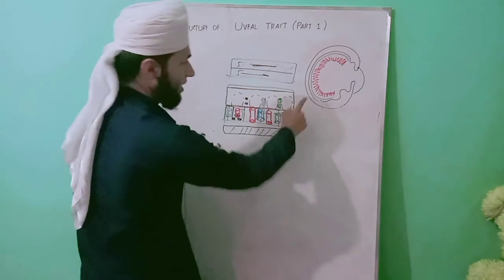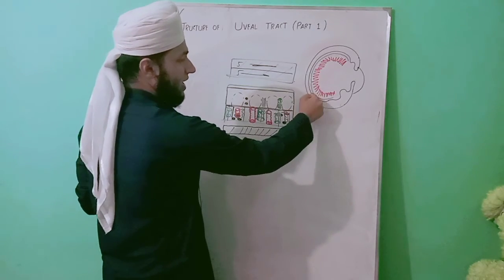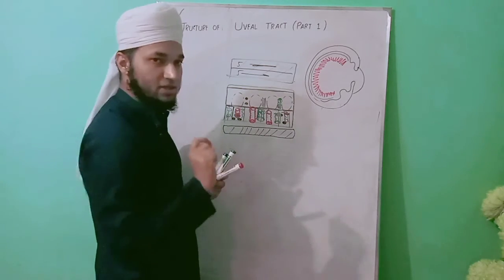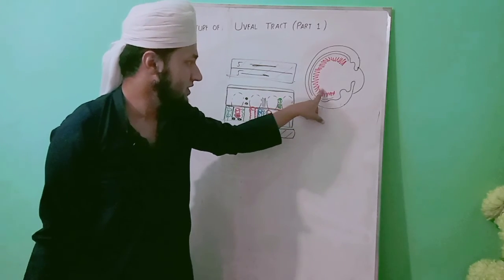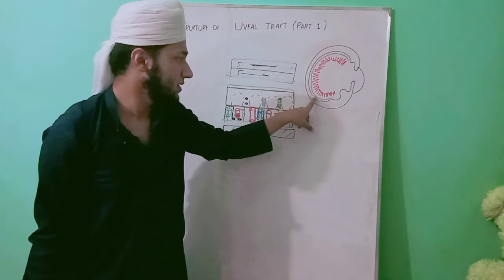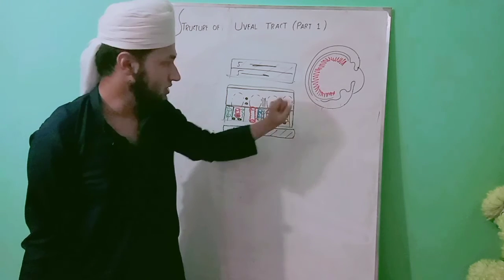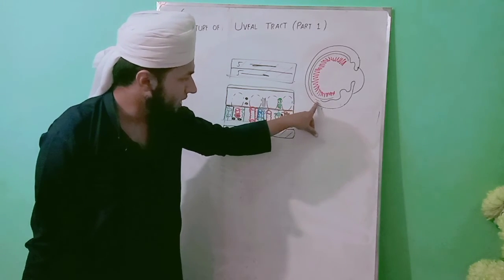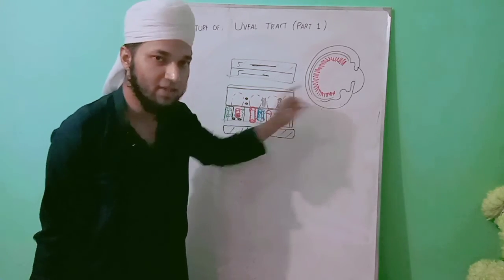Retina has two layers. This outer green one is the retinal pigmented epithelium, and this inner red one is the nervous layer. So it has basically two layers, the nervous layer which is present on the inner side, and the retinal pigmented epithelium which is present on the outer side. And this is the choroid, present just below the retinal pigmented epithelium.